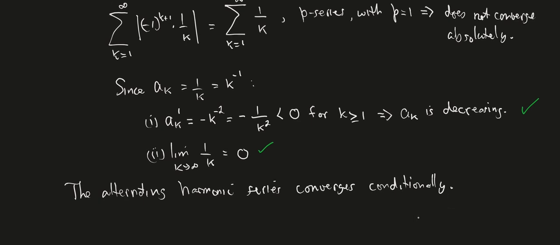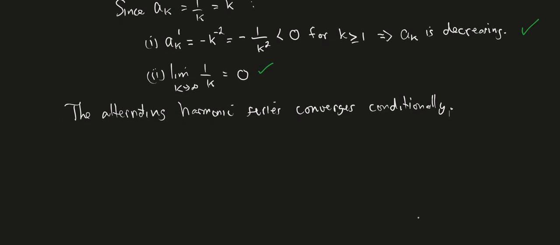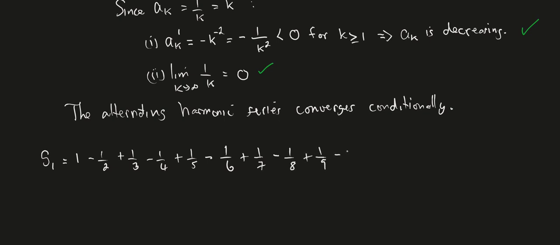So I'm going to write out some terms now. I'm going to call this S1. Forget about the sigma notation just for a second. I'm going to write out a few terms, and now that we have this conditional convergence, we write out a few more here, and then plus 1/9, minus 1/10, and then plus dot dot dot.